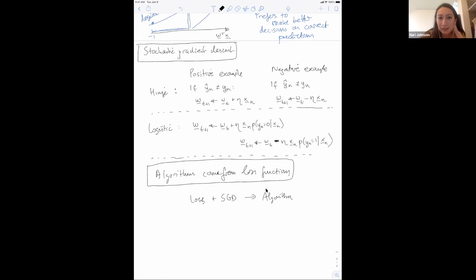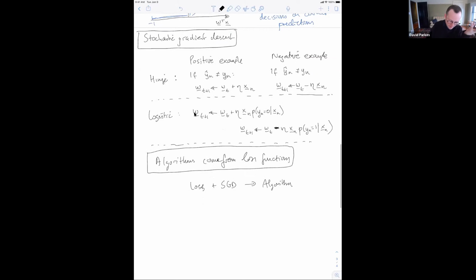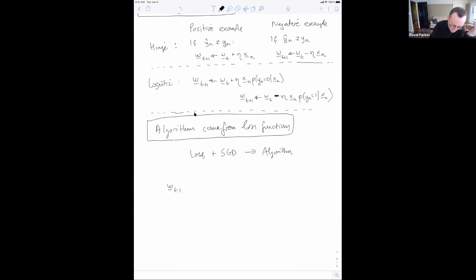Charu asked a question in the chat, which is, why are we moving in the direction of the gradient for the positive examples? Yeah, so the basic update is that you walk against the gradient. All of these are derived by the basic expression where you take the current weight vector, and because we're going downhill, you want to do this.